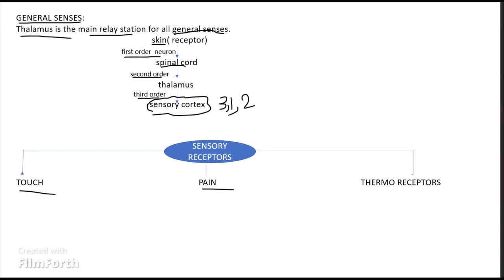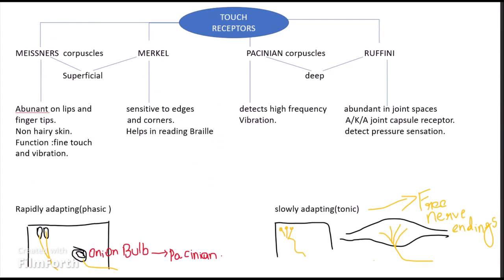Then coming to the types of sensory receptors: touch receptors, pain, thermoreceptors. Touch is mechanoreceptor, pain, which fibers carry the pain, thermoreceptors, temperature.